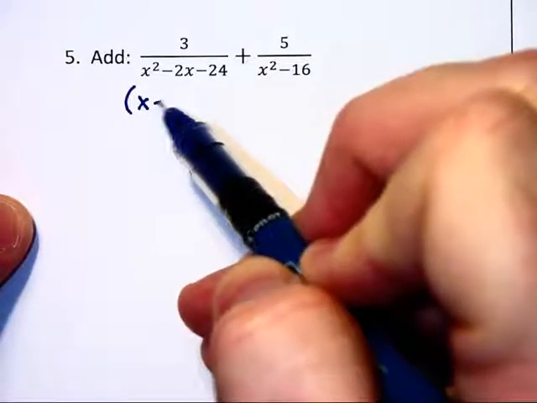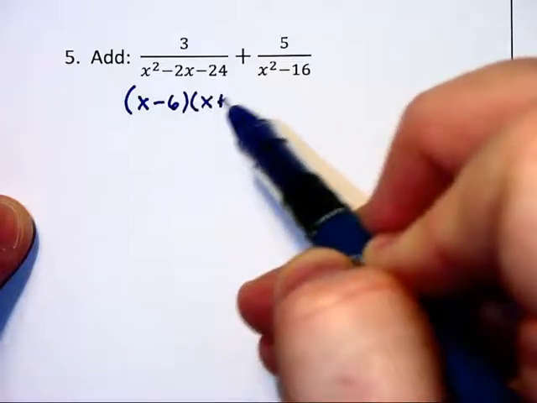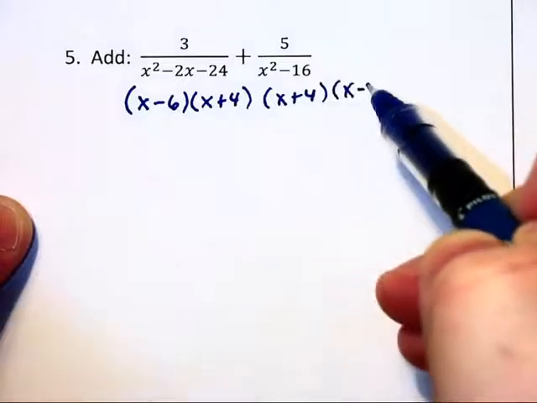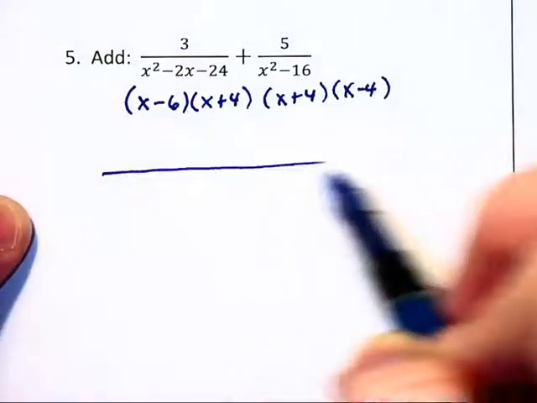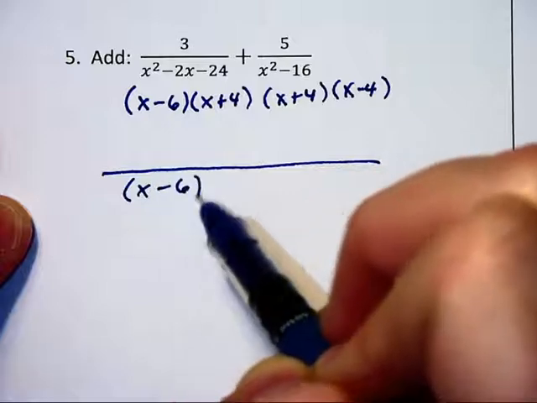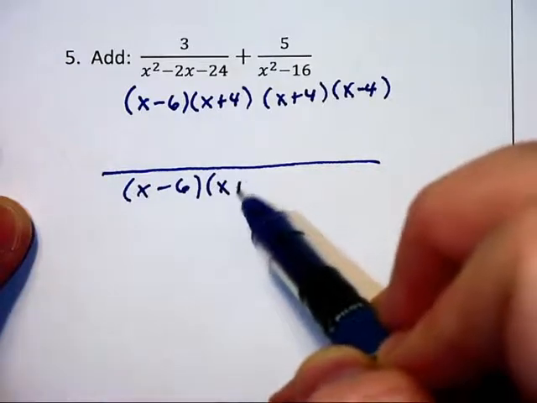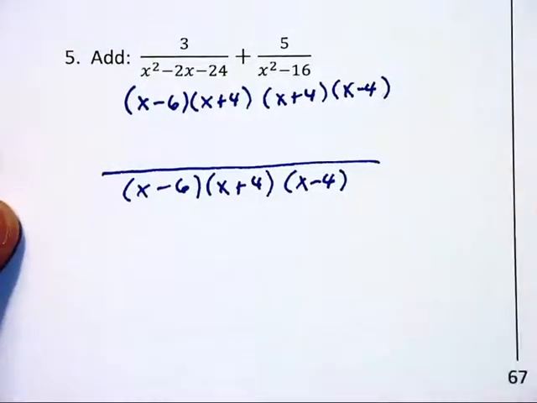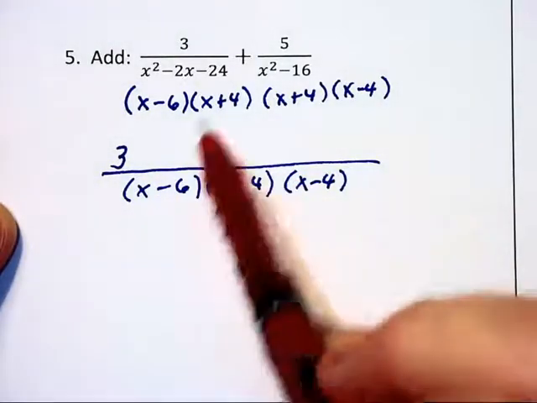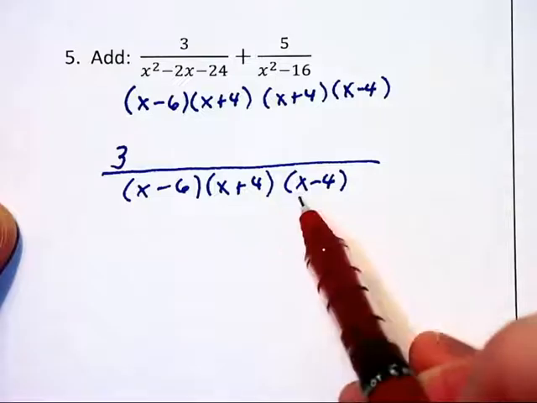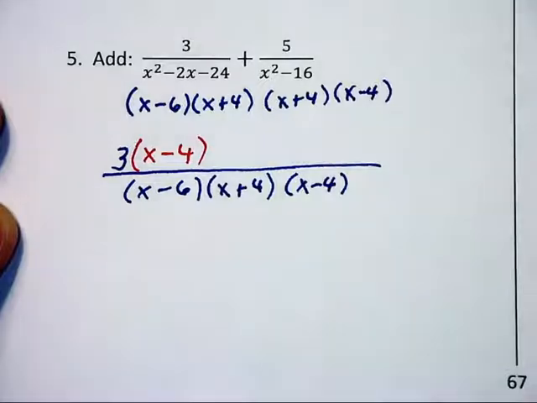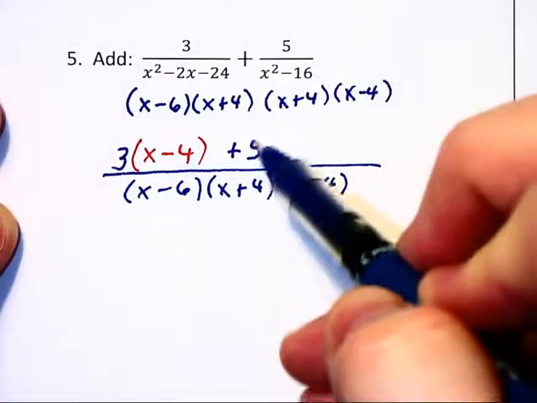Again, for addition and subtraction, we need a common denominator, and so in number 5, we factor the first denominator into x minus 6 times x plus 4. The second one is the difference of two squares, x plus 4 times x minus 4. We need to rewrite everything over a common denominator, which will be x minus 6 times x plus 4 times x minus 4. The 3 in the first numerator needs to change because that fraction is getting changed with an x minus 4 factor down below, so we need an x minus 4 factor up in the numerator. Then we had a plus 5 in the second fraction.